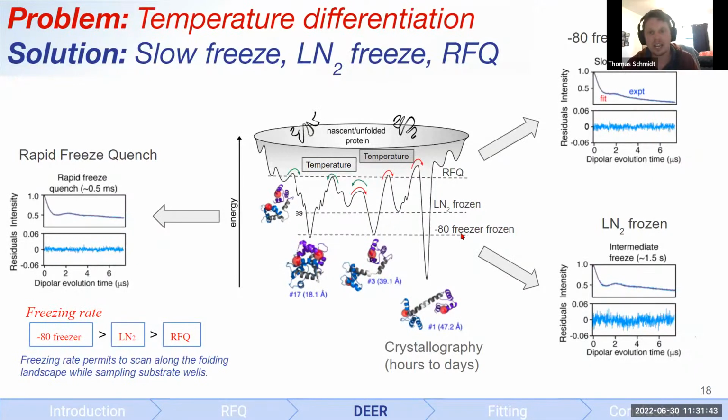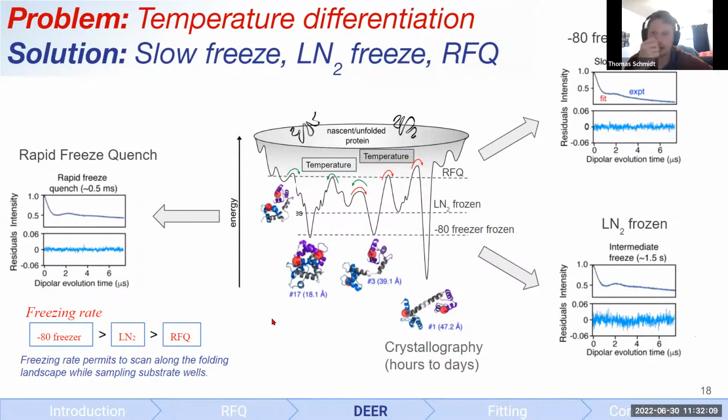Frozen in a -80 freezer, we give it a lot of time to relax. Liquid nitrogen frozen, we give it a little bit less time to relax. And with rapid freeze quench, we hope to cut it off right before it can even start relaxing. And if one wants to compare to crystallography, well, we would wait for hours and days, so it has a long time to reach its most energy-stable conformation.